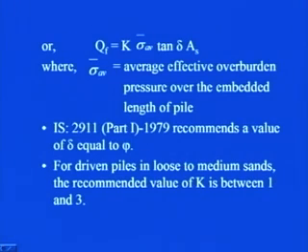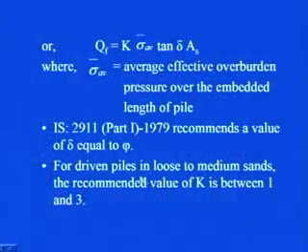Then IS 2911 part 1 1979 recommends a value of delta equal to phi. So, whatever is the angle of internal friction of the soil, you can assume the friction angle between soil and pile material to be equal to the angle of internal friction of the soil.